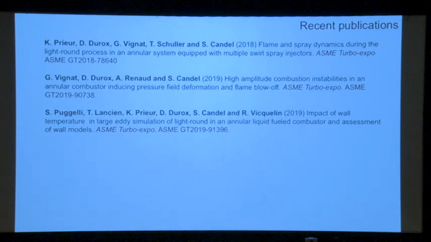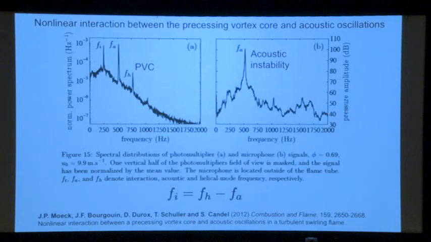Another thing that we worked on, which is interesting, just to let you know, is that there is always a precessing vortex core in swirling injectors. And what is the effect of this PVC? A lot of people have worried about that. What is interesting is that as soon as you put an acoustic wave, so for example, this PVC here is at 750 hertz.